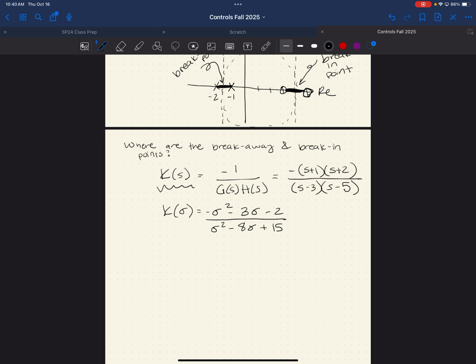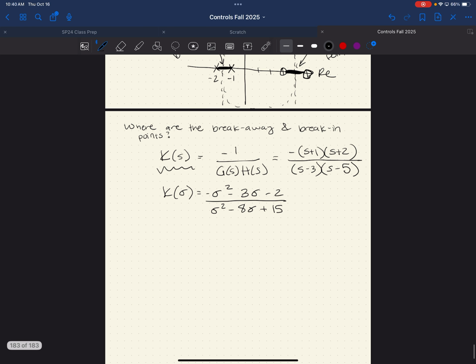All right, and I want to take a derivative of this and set it equal to 0. But I have sigmas in the numerator and sigmas in the denominator, so I've got to do my low d high minus high d low over low low. So give yourself some space. It's going to take a lot of terms here.